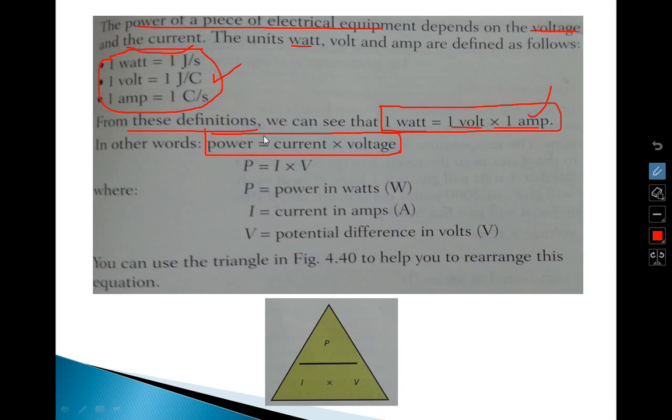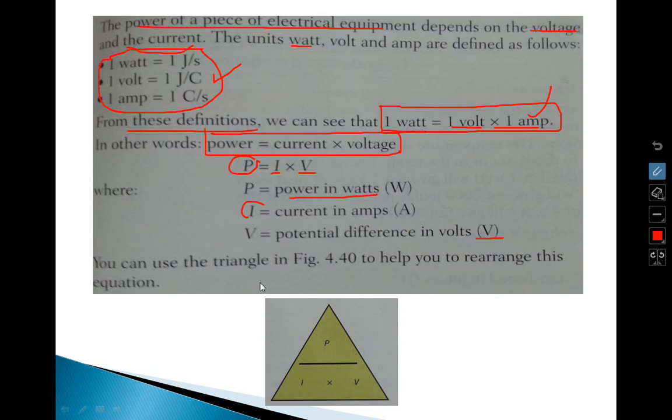Keep this general equation. P, which is the power, is equal to I times V. P is the power in watts, I is the current in amperes, and V is the voltage.